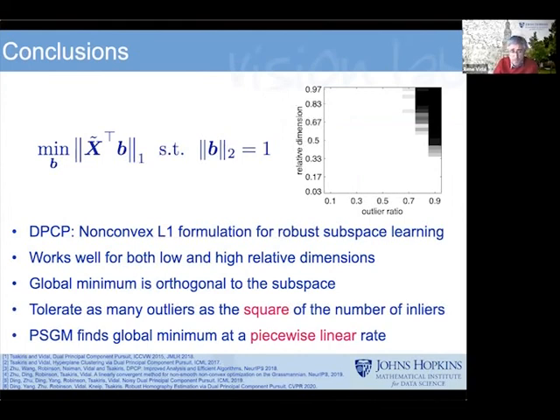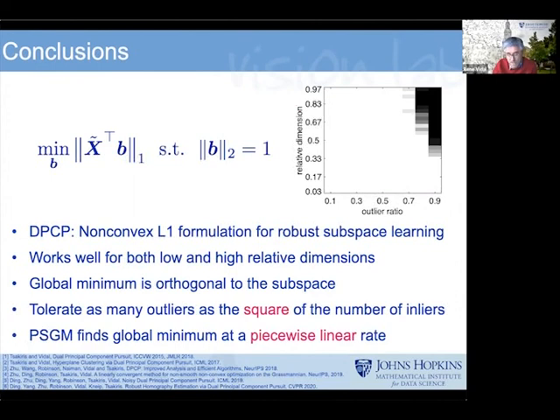So in summary, what I've done is to show that a fairly straightforward and simple problem formulation of minimizing the sum of the distances to a hyperplane subject to a unit norm constraint is one of the first methods that is able to recover subspaces of high relative dimensions like hyperplanes with pretty much perfect accuracy, tolerating outliers up to about 60%.